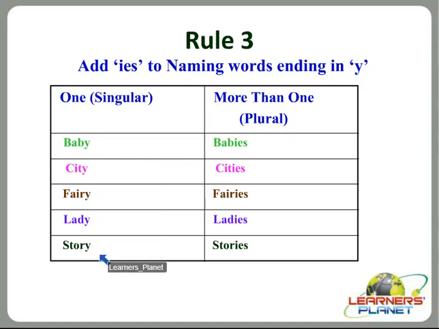All these naming words end in Y. When they end in Y, to show more than one of these naming words, or to show the plural, you add IES and take away Y. So, baby becomes babies, city becomes cities, fairy becomes fairies, lady becomes ladies, story becomes stories.